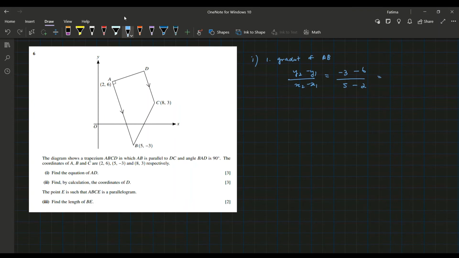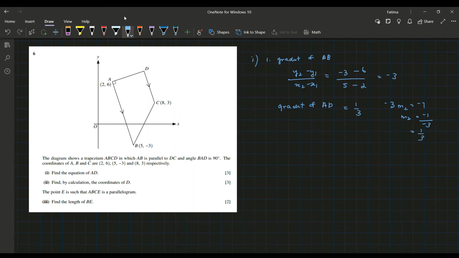So that becomes -3. And because that's the gradient of AB, we now know that the gradient of AD will be 1 by 3. Because if this is -3 and m1 times m2 is equal to -1, essentially m2 would be -1 upon -3, which becomes 1 by 3.